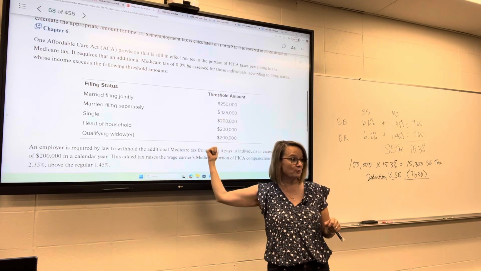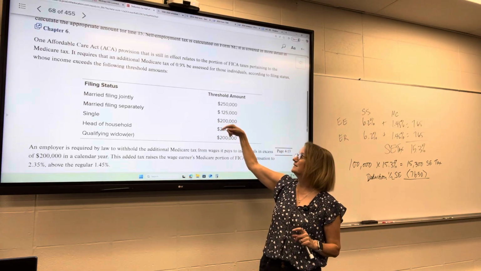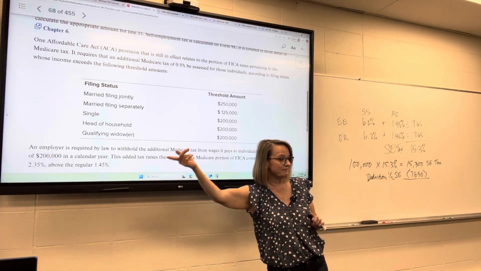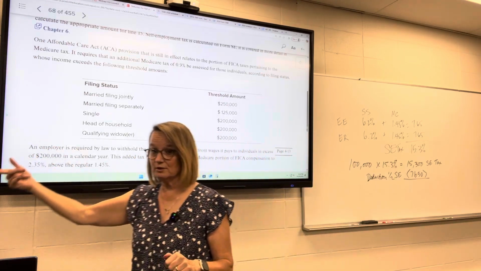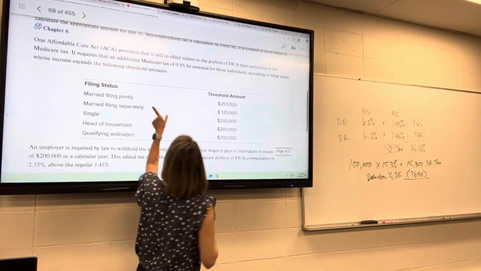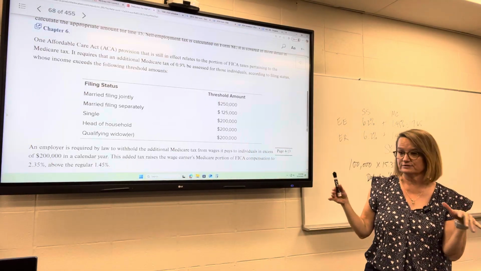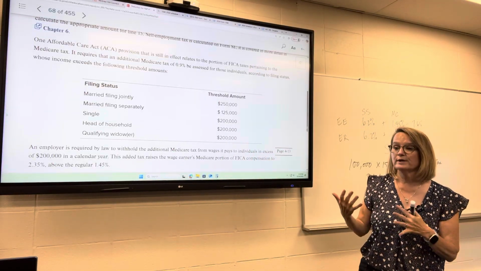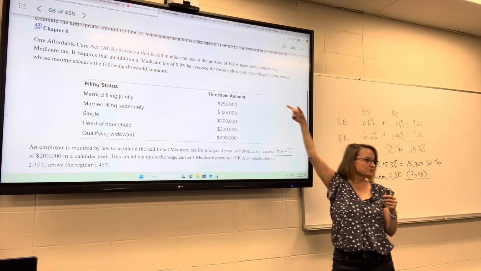So if your employer withheld it starting at $200,000, but you're married filing separately and you owe it starting at $125,000, you're going to have to pay the additional amount, the amount that you're short, when you file your tax return. Also, if you're married filing jointly, the threshold is actually $250,000. So the employer's withholding doesn't match; it doesn't start until your income reaches $250,000.